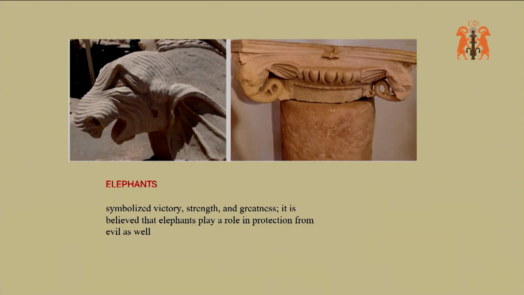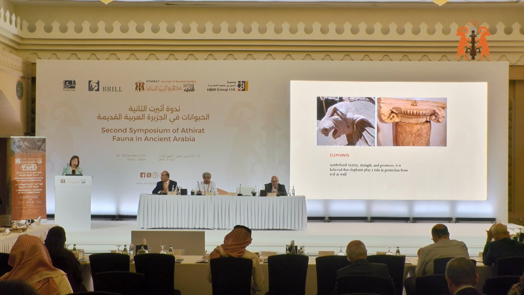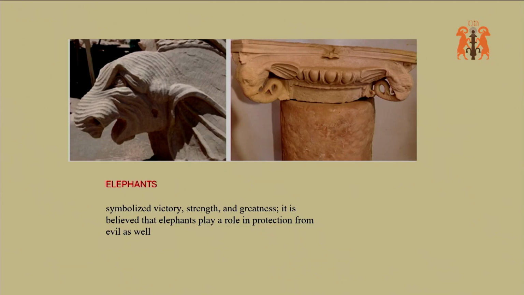Now, the elephant. And you know, elephants don't live in southern Jordan, so either in India or in Africa. But elephant heads adorned the capitals of the columns they found in the great temple in Petra.